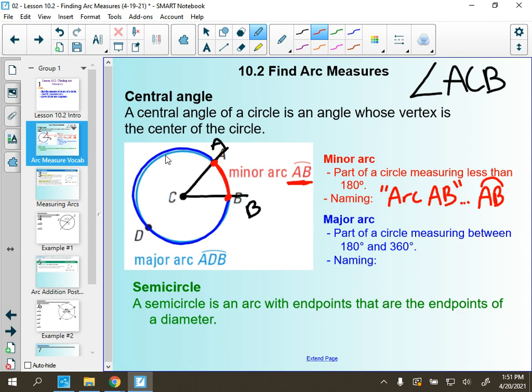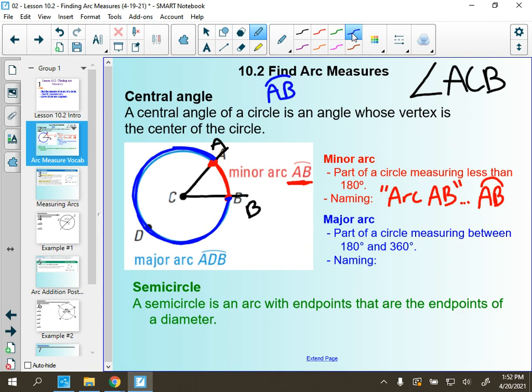We switch the form a little bit when we start talking about what's called a major arc. Now we're talking about part of the circle that's beyond that 180 degree mark, 180 degrees to 360. So this blue arc would be what's called a major arc. The reason we need a different naming system is that the quote unquote endpoints of this are still A and B. If I go all the way around the circle starting at A all around to B, I can't just call this arc AB again, because you wouldn't know what I'm talking about.